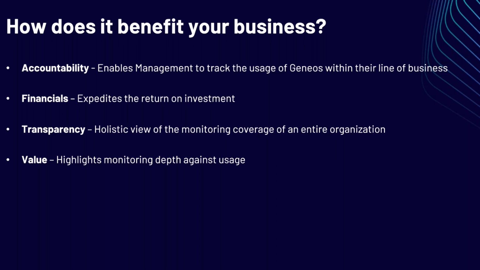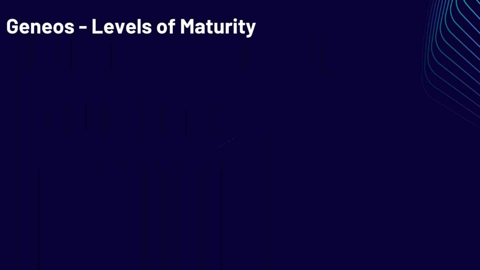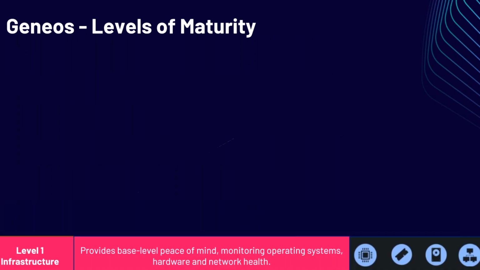As you can see, there's a lot of power in this application utility we've developed. One thing I wanted to touch on that a lot of you may not be very aware of is the levels of maturity within Geneos that Hugh touched upon. I just want to quickly touch on those to give you a better idea rather than a larger holistic view.